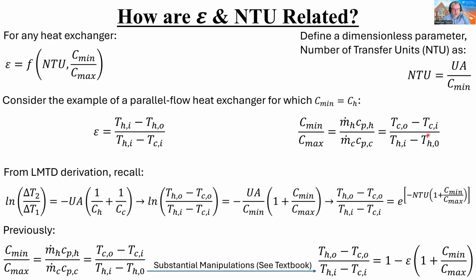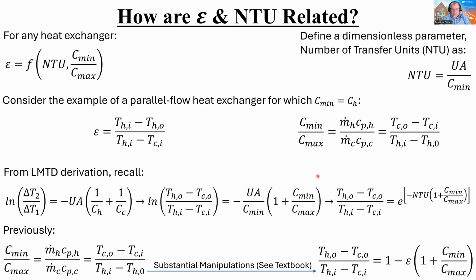So we're going to have to do a little bit of manipulation to get this in the same form as this, so that we can get effectiveness and this ratio of thermal capacities related to each other, and that relationship is effectively NTU. So that's basically what we're doing here. Okay, so we have to cheat a little bit.